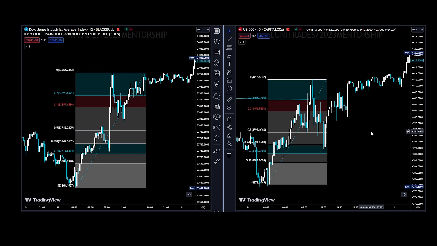So you have to make sure that your story, as I used to say, and your bias are all aligning throughout all the markets. You understand? And there are not many conflicting ideas, so the ideas are relatable to each other. So the Euro USD is giving you a buy bias, and the indices are giving you a buy bias.